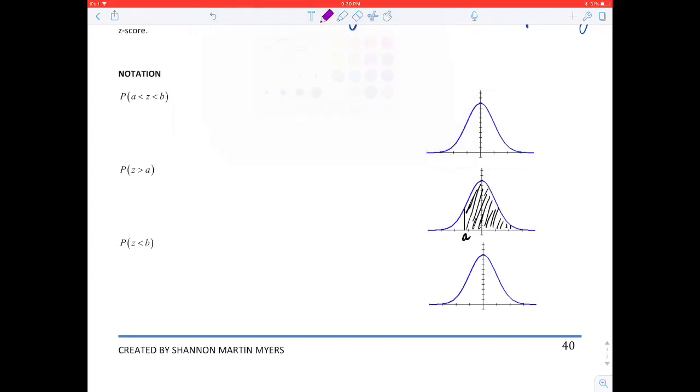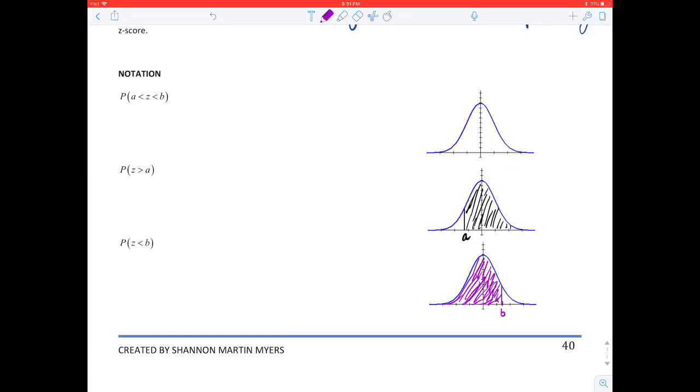And then if we come over here, let's just say that B is over here, and we look at the probability that Z is less than B, you'd have all this region here. Good so far? Awesome.